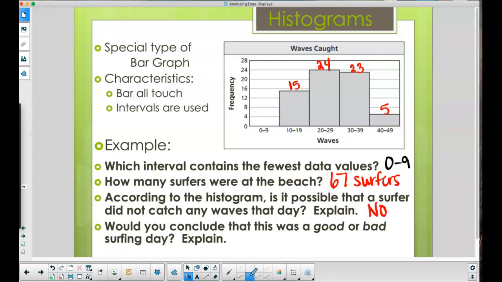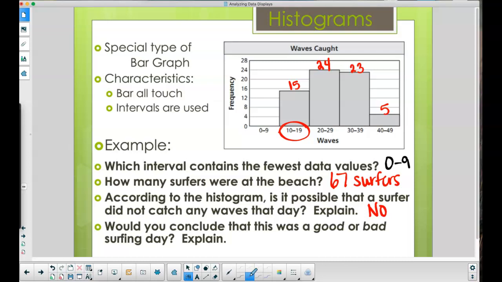Do you think you can tell? No, why not? Brooklyn, what do you think? Because 10 to 19. Yeah. So I can tell that there's 15 people that caught between 10 and 19 waves, but I don't know how many of those people caught exactly 10.